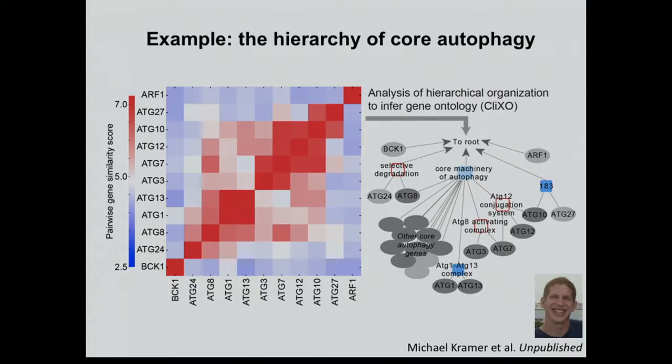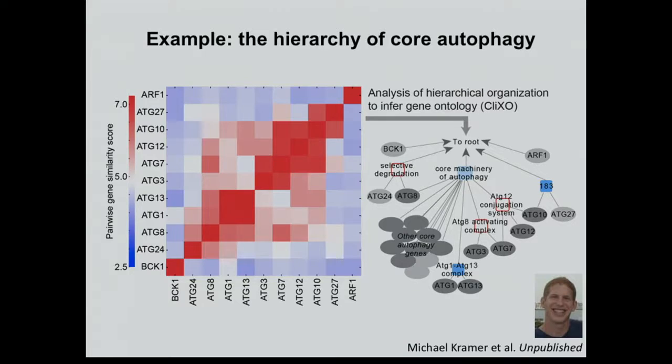It's been linked to stress, aging, cancer, and lots of other diseases, Alzheimer's, for instance. Here are some of the core autophagy genes in the middle, ATG 27 through 24, as the name would suggest. That's autophagy. And then as outgroups to show you what dissimilar genes look like, we've put ARF1 here at the top and BCK1 at the bottom.